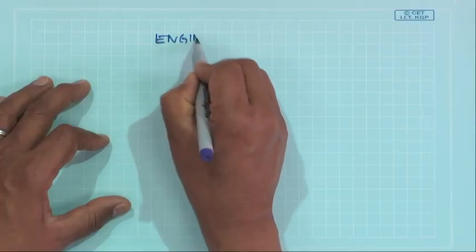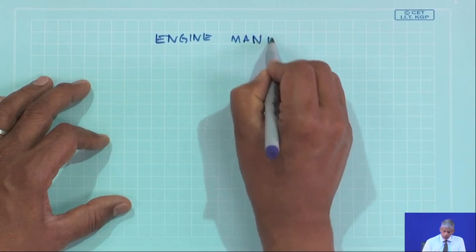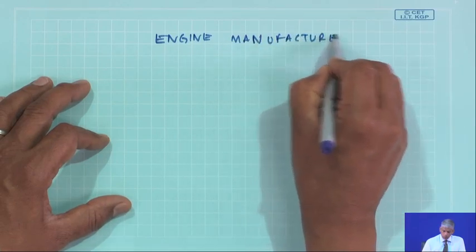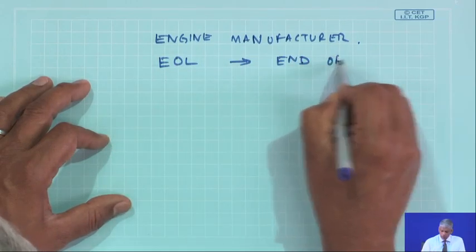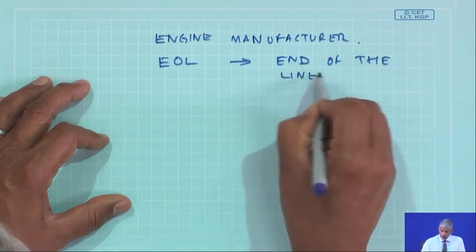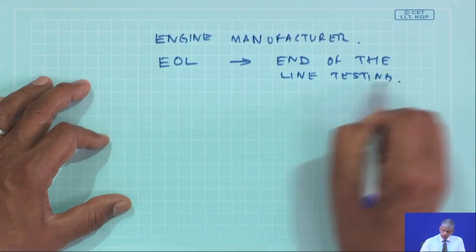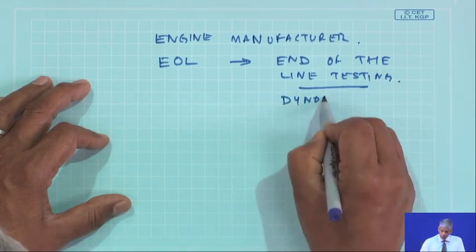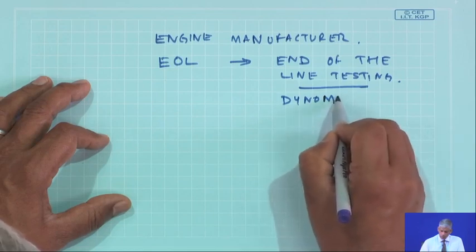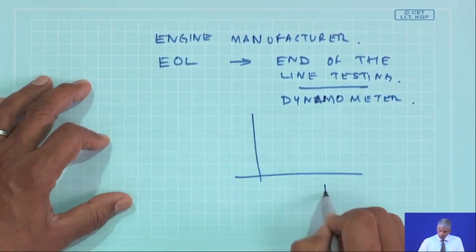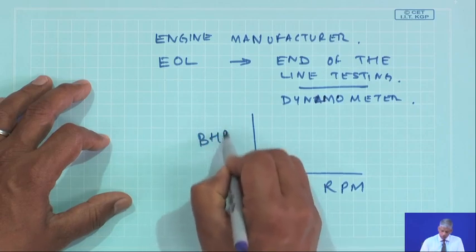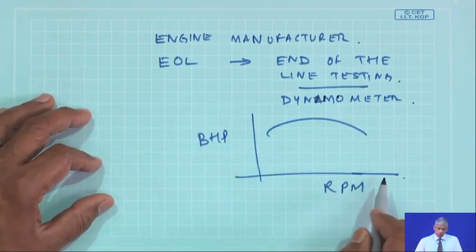And you would see in a lot of engine manufacturers, even new engines, they do what is known as EOL, end of the line testing, maybe on a dynamometer, to see the RPM versus BHP curve, whether it is producing as per the design specs.